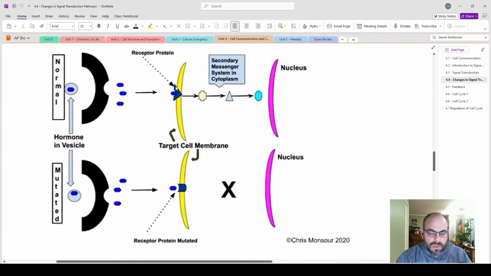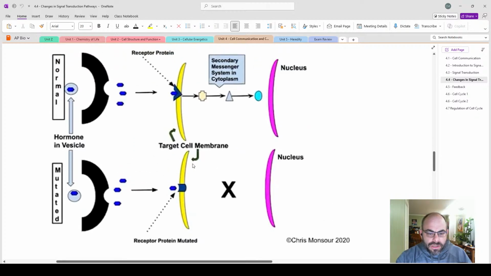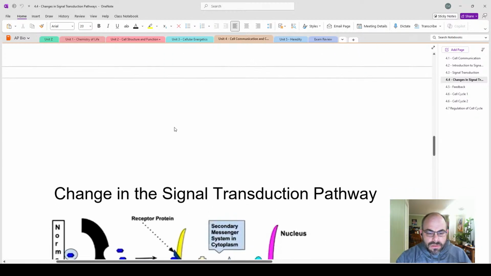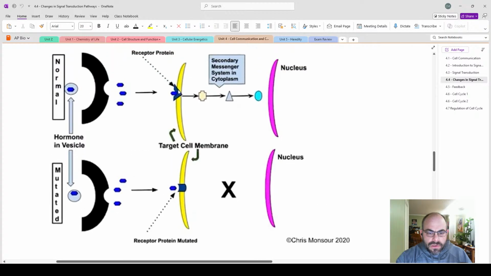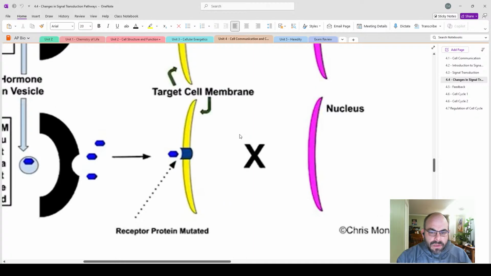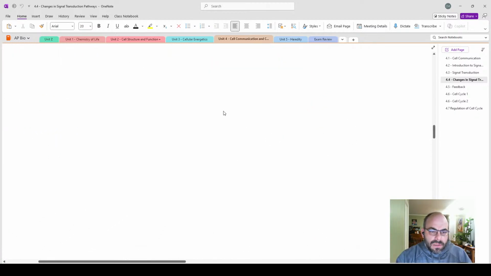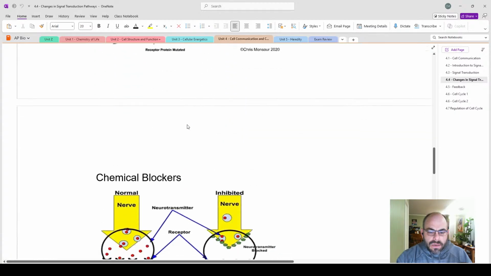Here's a normal one where these hexagon bullets go and fit into this triangle, and then these things happen, and this nucleus gets to respond. If you have a mutation, then you change the shape of this receptor, then hexagon bullets can no longer be received, then XYZ don't happen, then there's no cellular response. And so that is the idea there.